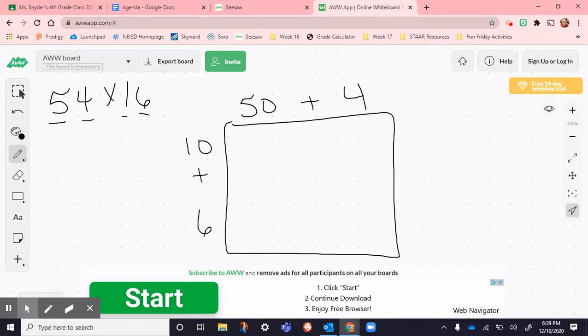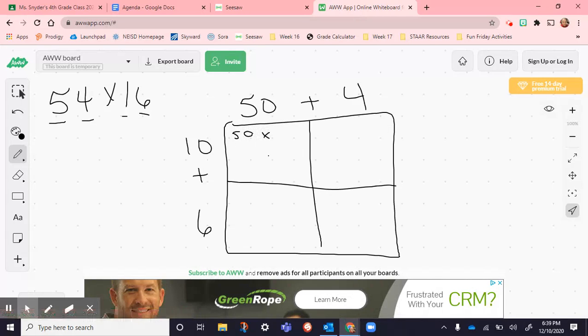Now, wherever I have those plus signs, I'm going to draw my line down and across. And when I'm inside this box right here, I'm going to look up to my 50, and I'm going to multiply that by 10. Then when I'm in this box here, I'm going to look up to my 4, and I'm going to multiply all the way over to the side here, 10. So 4 times 10.